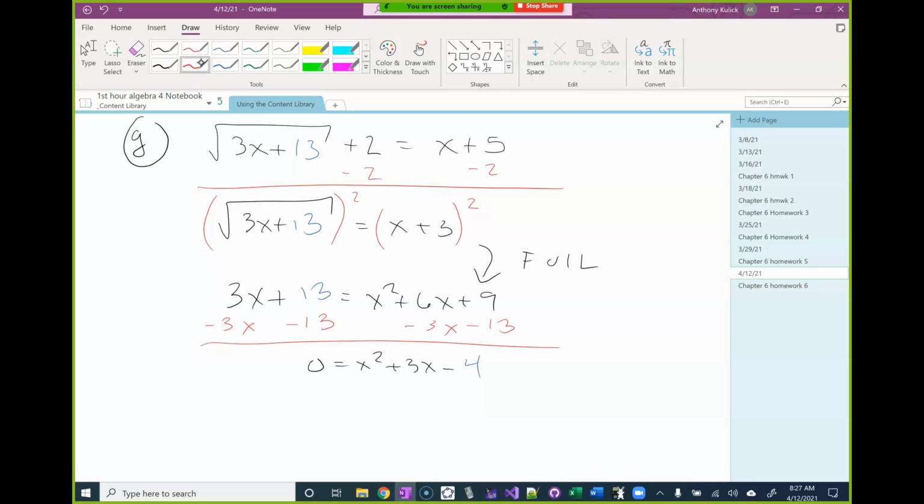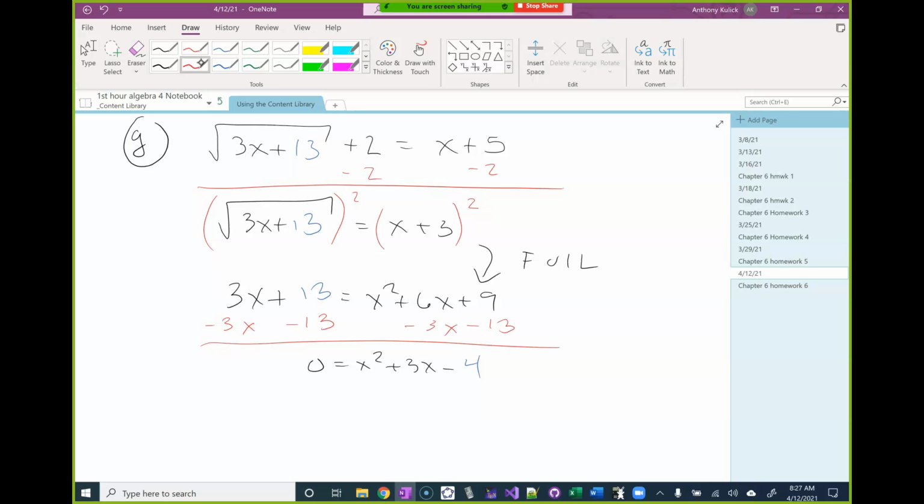To solve this quadratic equation, we can either try factoring, quadratic formula, or solving directly. Which one would be the best one to do in this situation? You cannot solve this one directly because we have both x's and x squareds.